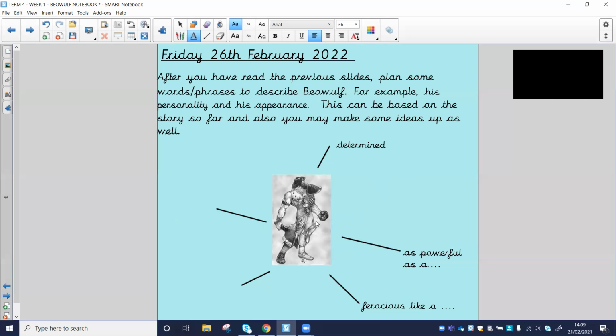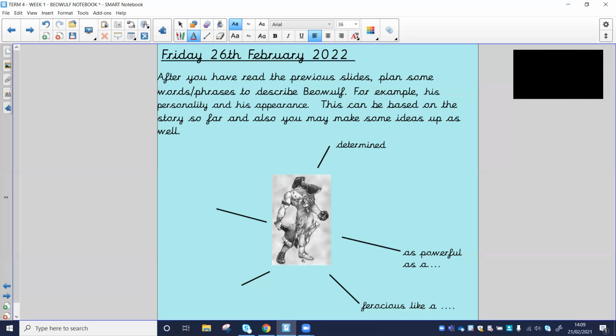So just to prepare you for what you're going to be doing next week, you're going to be writing, not very long, but your own little short speech, as if you are Beowulf, a persuasive speech to Hrothgar to convince him that you are the man or the woman for the job, and you should be allowed to go and slay the beast that is Grendel.